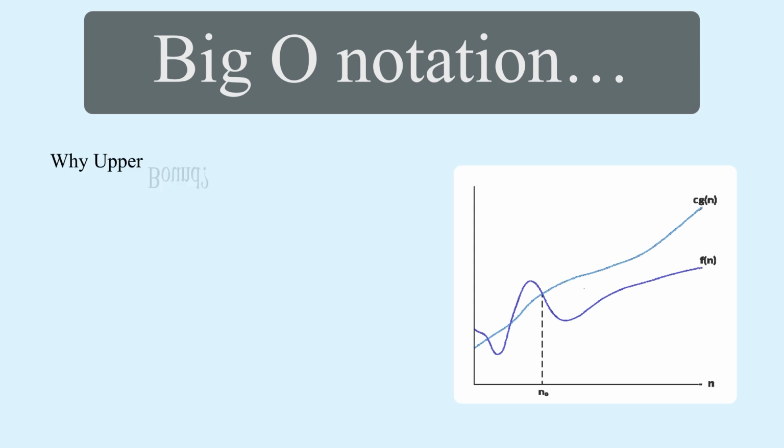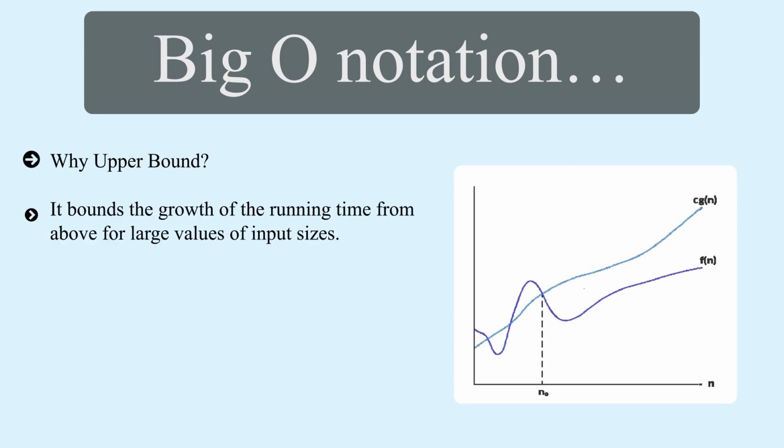Now, why are we interested in upper bounds? Because it bounds the growth of the running time from above for large values of input size. So we know from the top that this particular algorithm is not going to grow beyond this particular point.